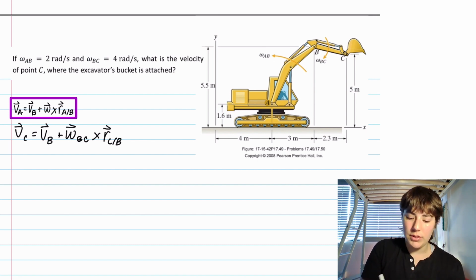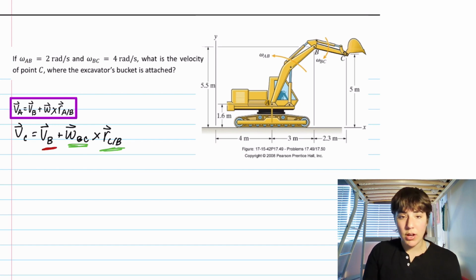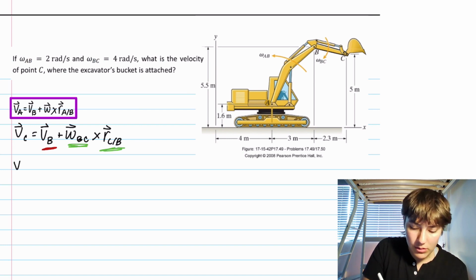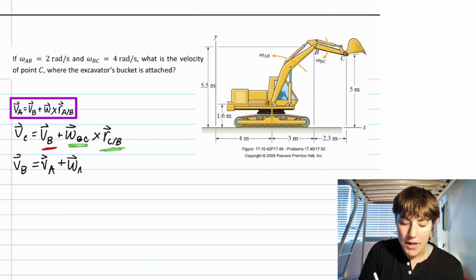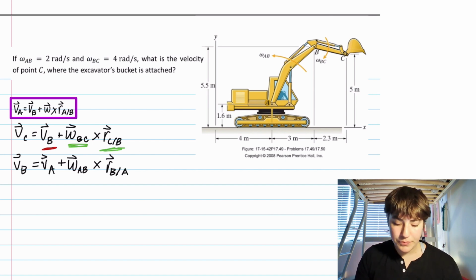So we know this value, they gave that to us. And we know this from geometry because they gave us dimensions. But we don't know what the velocity of B is. Well, that's fine. We talked about this. We can relate B to A because they're on the same rigid body. So let's write that out. The velocity of B equals the velocity of A plus the angular velocity of the specific body, so AB, crossed with the position vector from A to B, like this.